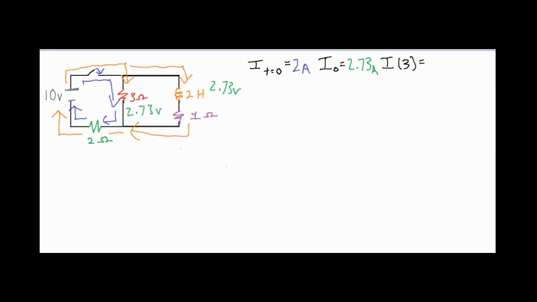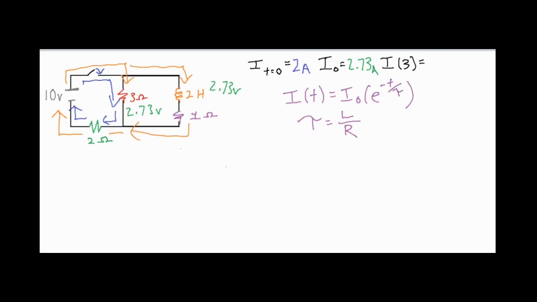Now for the final part of our problem, we want to use the formula I of t equals I naught times e to the negative t over tau. In order to find our time constant, we're going to take our inductance and divide it by the resistance.